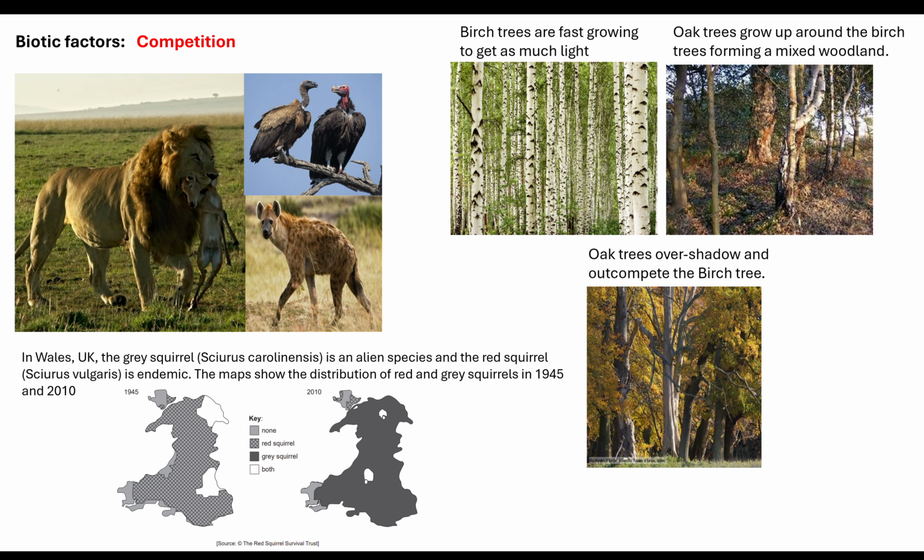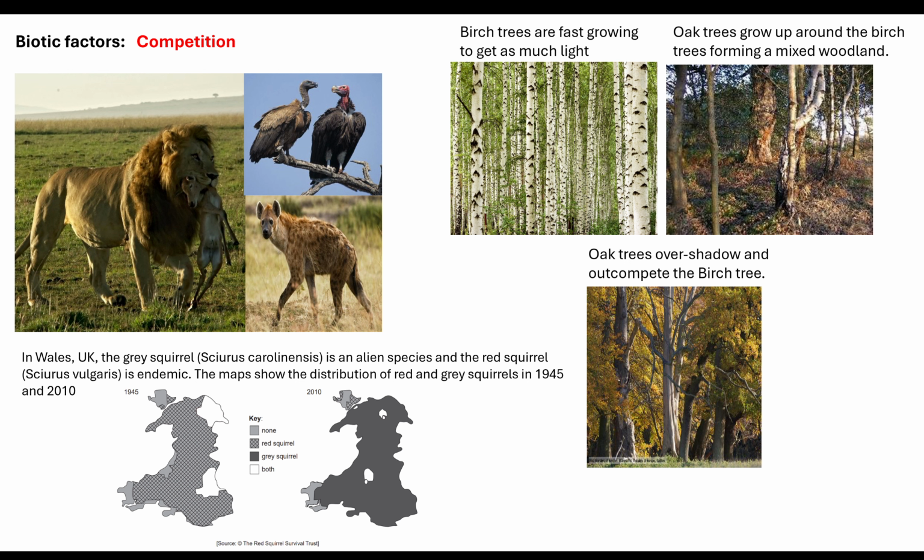So if they're showing you a graph and they're asking you to describe how the red squirrel has died out or become an endangered species, they're looking at you using the data that they have provided in the exam question.